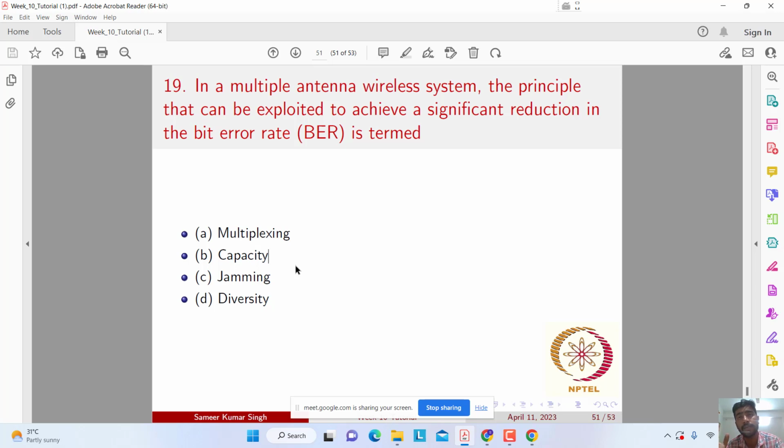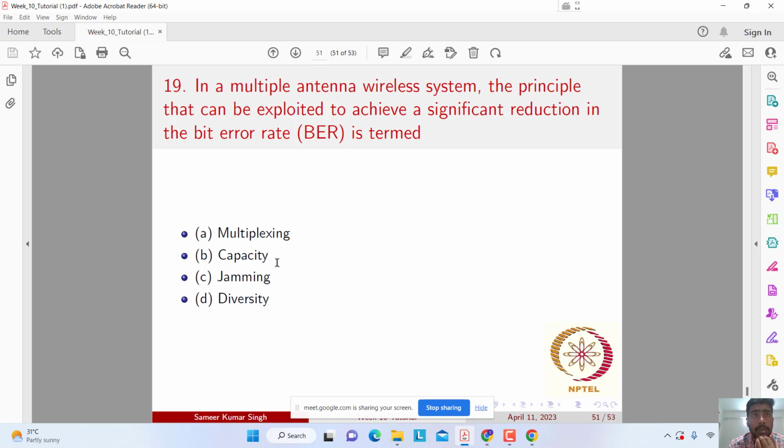Whenever it reaches our receiver side, it utilizes some bandwidth. What we receive is calculated with the help of the bandwidth and SNR. That's called capacity.